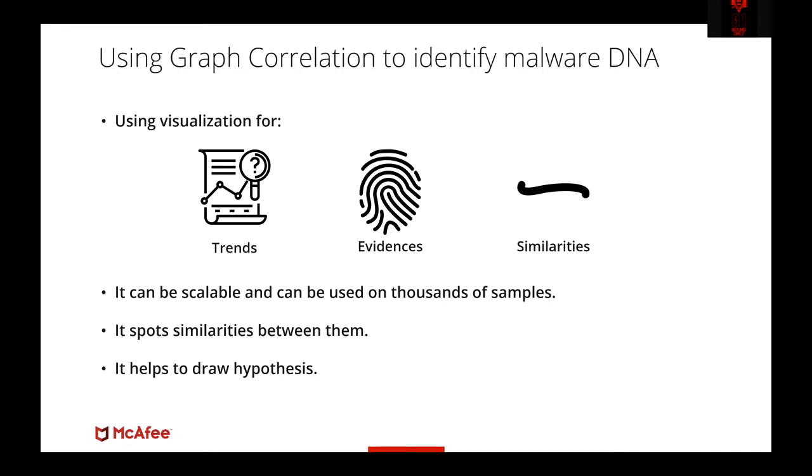This is very helpful because it can be very scalable. It helps identify directly the same functionality or the similarity between the samples, but also the campaigns and the operating method used by the attackers. And finally, all that evidence compiled in graph correlation will help you to draw some hypotheses.